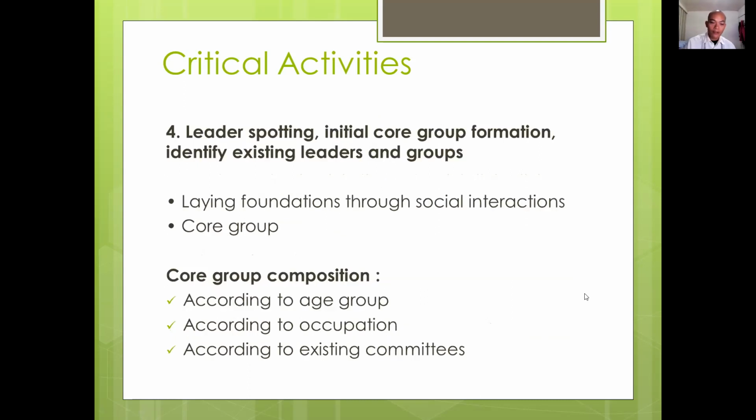Leader spotting also includes different groups. Okay, so once you recognize the different groups according to age group, sino yung mga grupo na nag-aaral, okay, who are the groups, yung mga bata, okay, sino yung mga nasa daycare center, okay? Sino yung mga college, okay?